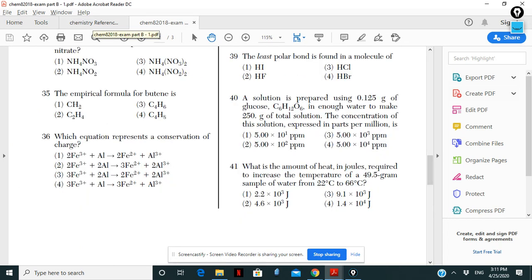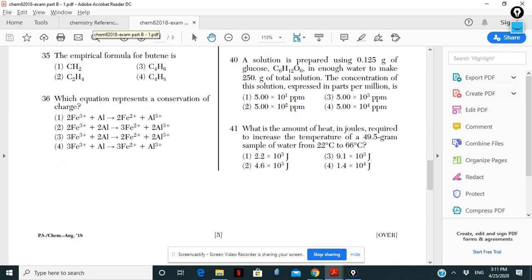Now, question number 40. A solution is prepared using 0.125 gram of glucose in enough water to make 250 gram of total solution. The concentration of the solution is represented in parts per million.